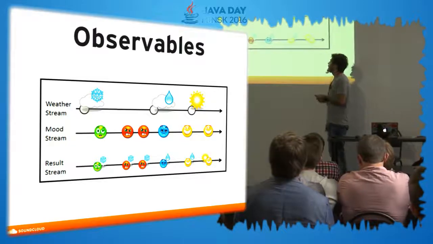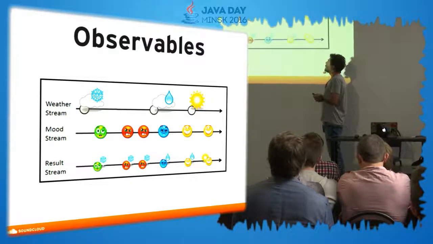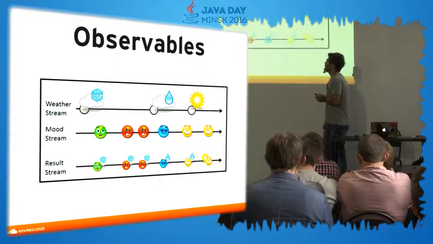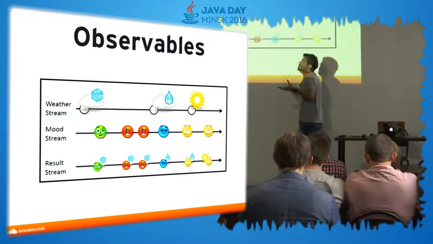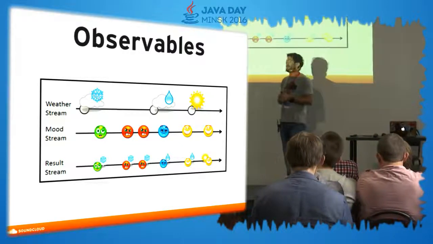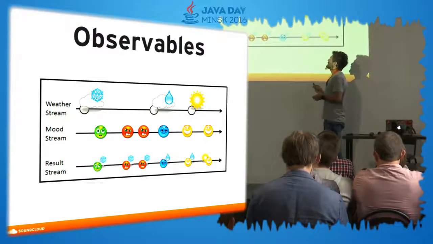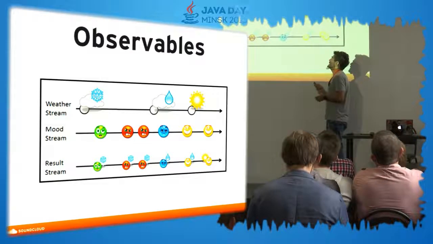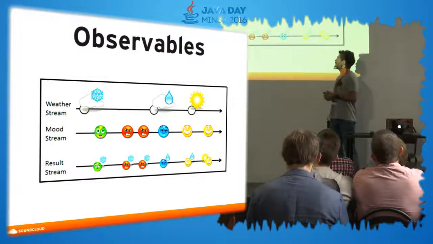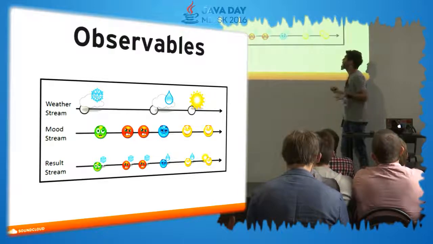And we have another observable that emits the mood stream, the mood data, like how you feel today. The cool thing about these two observables, so this is a timeline, is that the observable is going to be emitting these items for a certain period of time. Then we have the mood stream doing the same thing.